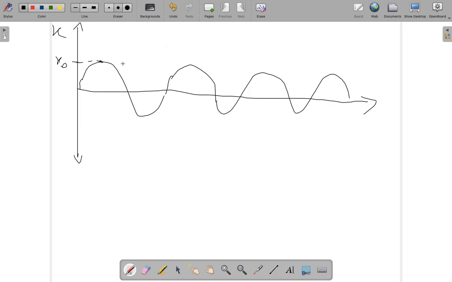Now, if there's a path difference of n times lambda, let's say one wavelength across, then you have the point over here, which is another crest because that's one wavelength. Or if you have 2 lambda, which is two wavelengths across, you have another crest over here. Note, at any n times lambda path difference, you're always going to end up at another crest.